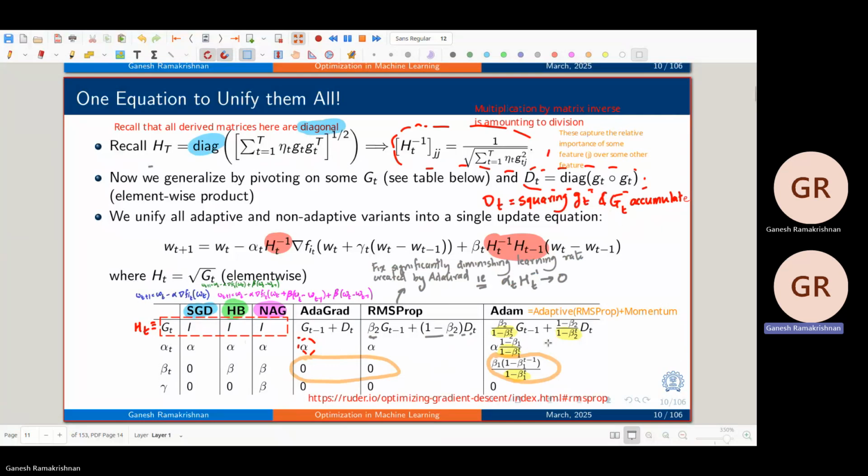So why are things changing here in Adam? This is an important question to ask. Why suddenly, instead of beta 2 plus 1 minus beta 2, you have beta 2 divided by 1 minus beta 2 raised to t plus 1 minus beta 2 divided by 1 minus beta 2 raised to t, right? Why is this coming? Well, it's coming because of introducing momentum. Momentum has an effect on the way Adam is now doing these convex combinations.